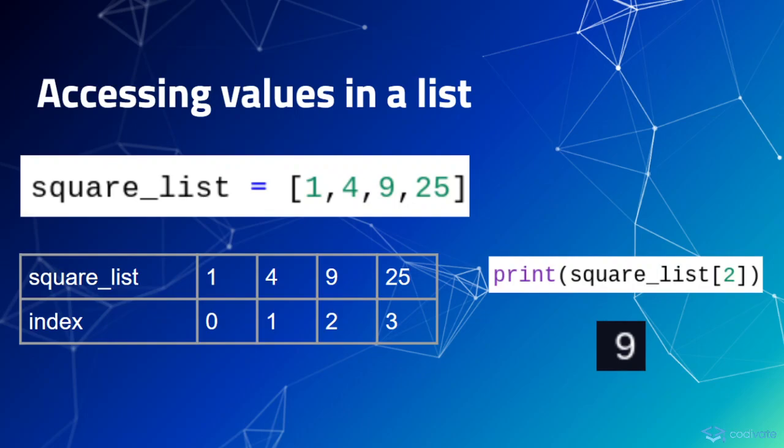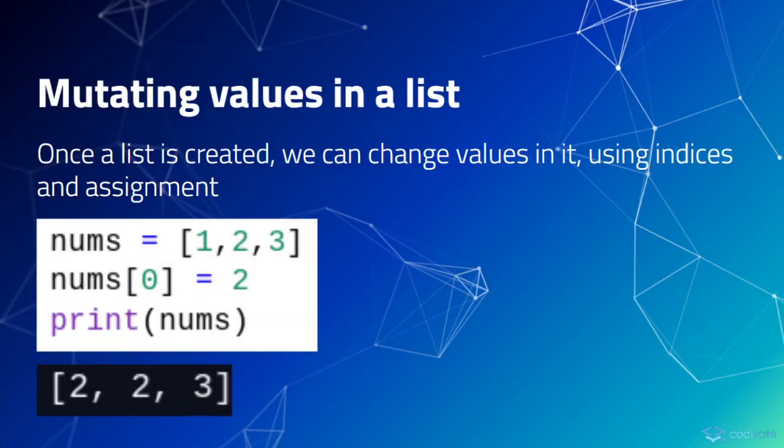We can do many things with this syntax. Besides just printing, we can also assign an item of a list to a variable, or we can change it. If we wanted to change a value in a list, we would use this syntax.